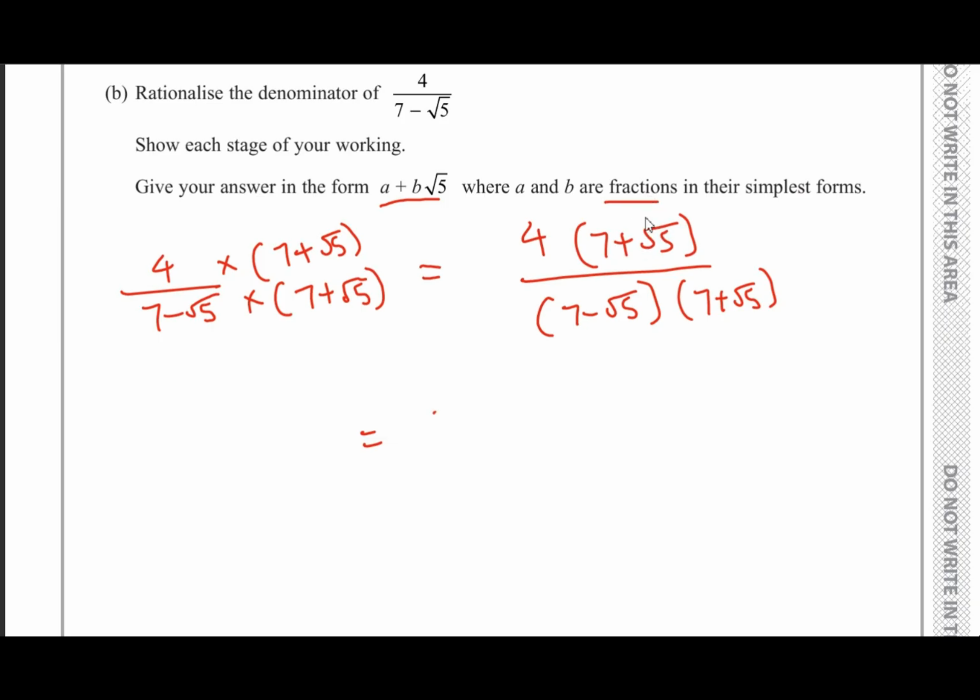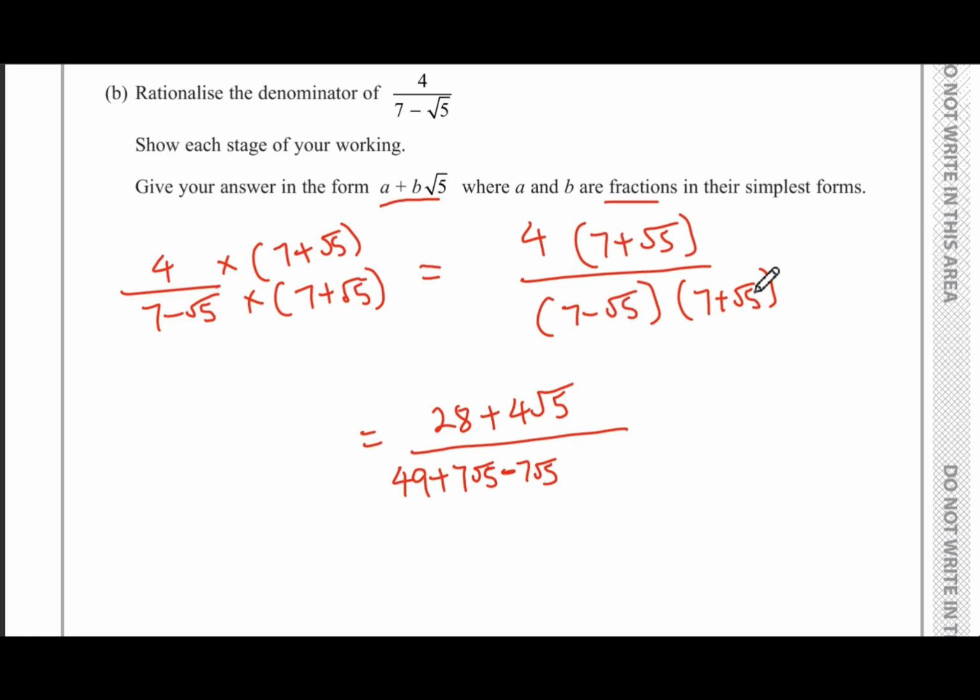So I have 28 plus 4 root 5, and in my denominator 7 times 7 is 49. 7 times root 5 is plus 7 root 5, and minus root 5 times 7 is minus 7 root 5.